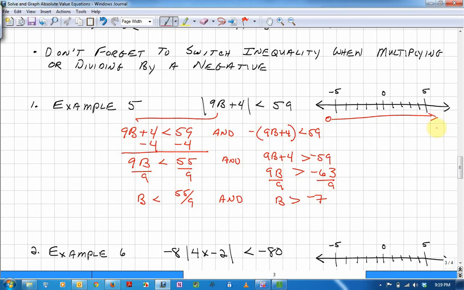I would have another line coming out around 6 going this way. And none of them have equal to signs. It's an AND, so it's the intersection of the two. So my end result would be an open dot somewhere here at -7, going all the way up to a value that's just slightly greater than 6. And that would be the answer.